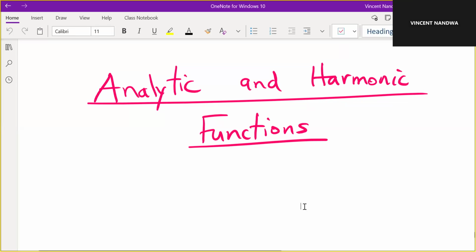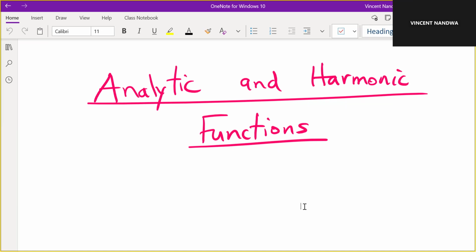So analytic and harmonic functions. The beauty with this chapter is that the things we are going to discuss are directly related to what you discussed in differential calculus. Majorly we are going to review concepts directly related to differentiation in calculus.